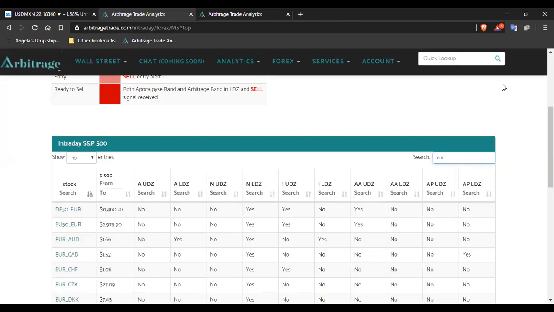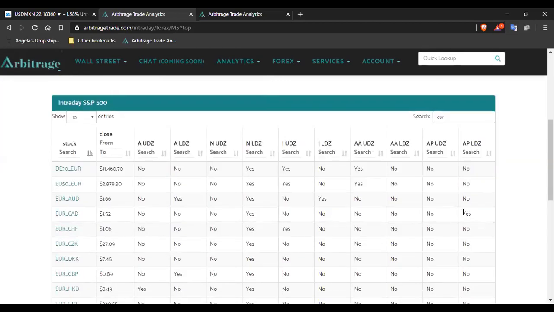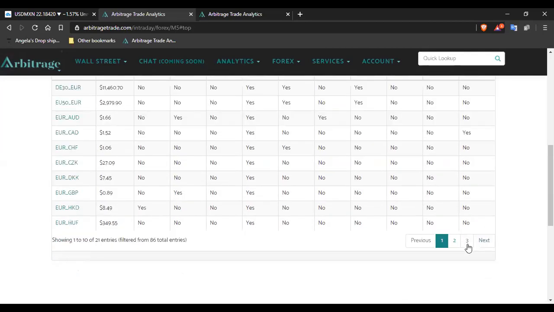Let's look at Euro. Euro CAD at the apocalypse, okay. Euro CAD is one. 5-minute apocalypse. Lower danger zone. Let me see what else we have.